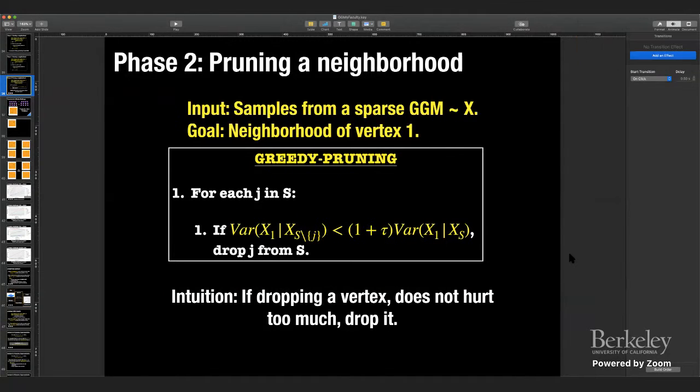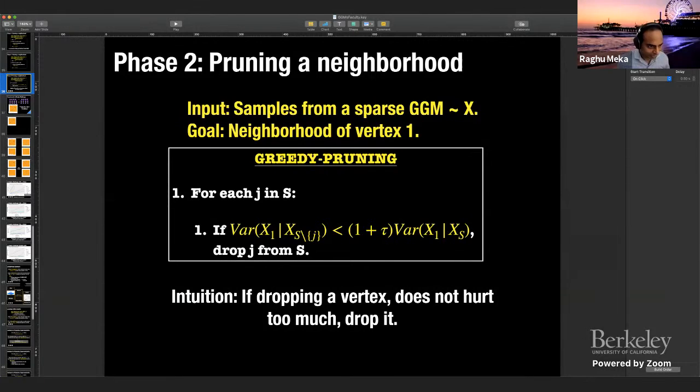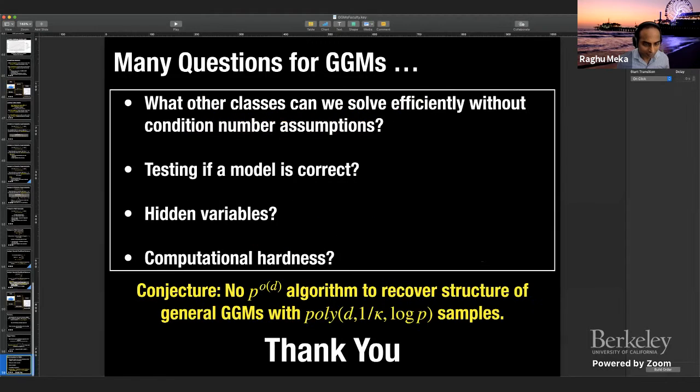Could you elaborate a bit on the conjecture you made in the last slide? Right, so let me go back. The conjecture is saying that if I give you general samples from a GGM, we know that d log p over kappa squared samples suffice information theoretically. And there is a p to the d algorithm where you enumerate over all possible neighborhoods.